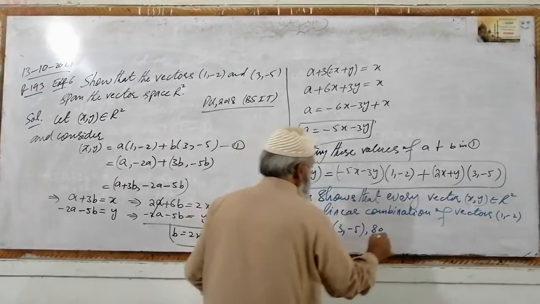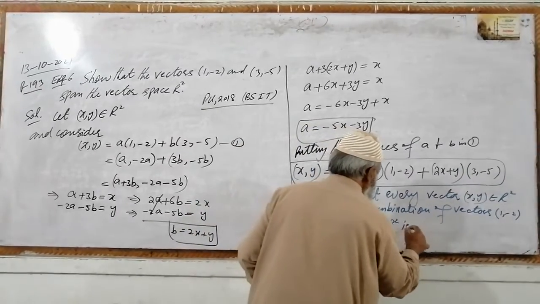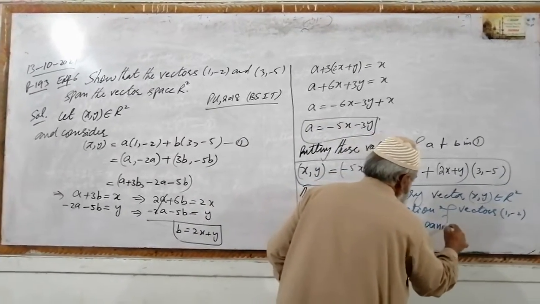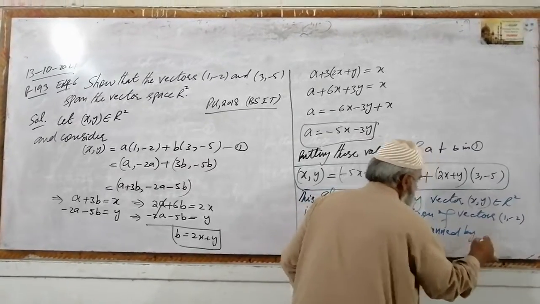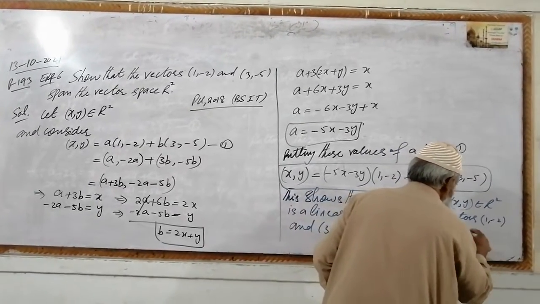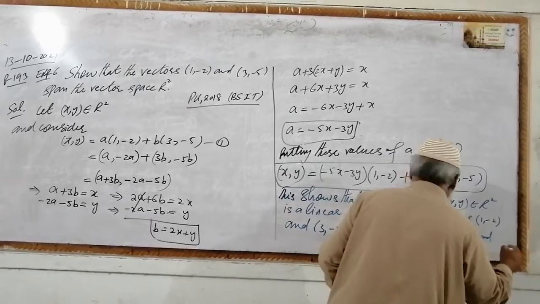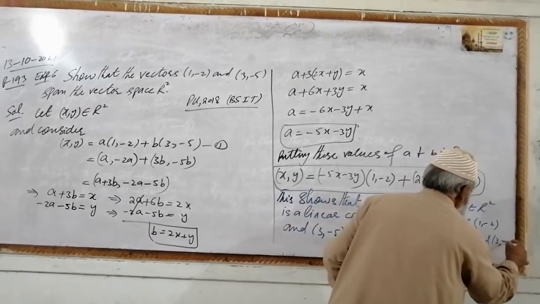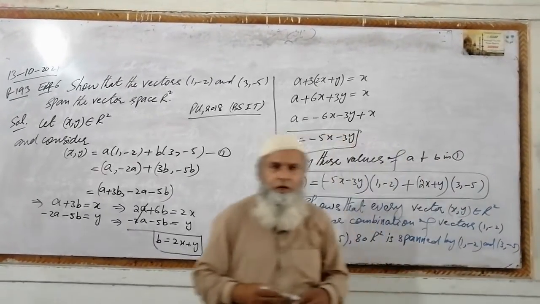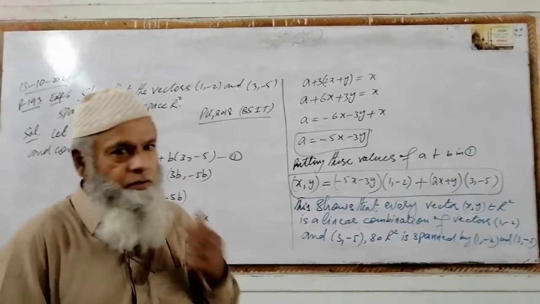So R square is spanned by (1, -2) and (3, -5). Hopefully you understand the question. Thank you very much.